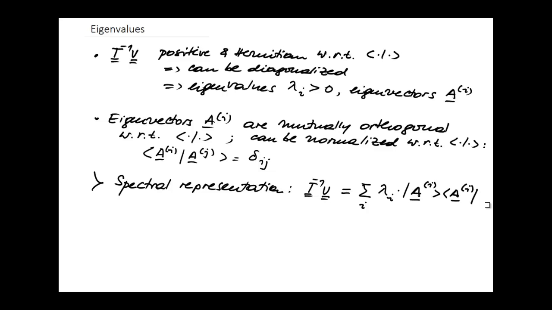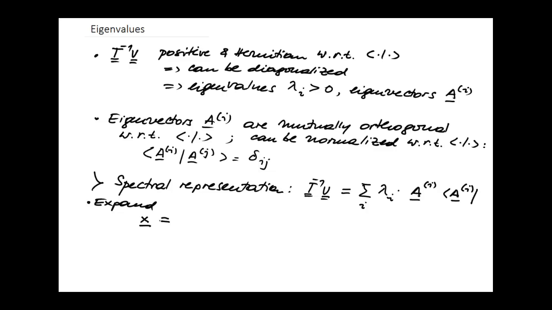Now, also, as I mentioned on this explanation page for the spectral representation, any deviation vector x can be expanded in terms of this eigenbasis of T inverse V. So it can be written as a linear combination of the eigenvectors ai, and the coefficients are given by the scalar product of x with ai.